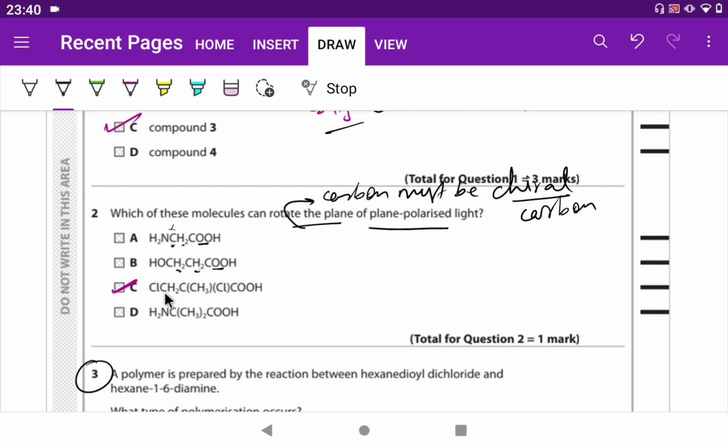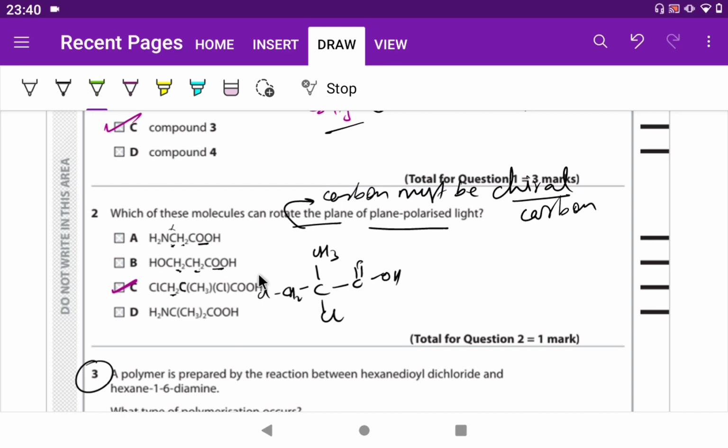This carbon is connected to hydrogens, and this carbon is connected with different groups, CH3, Cl and C. If I make it like this, CH2Cl and this CH3.